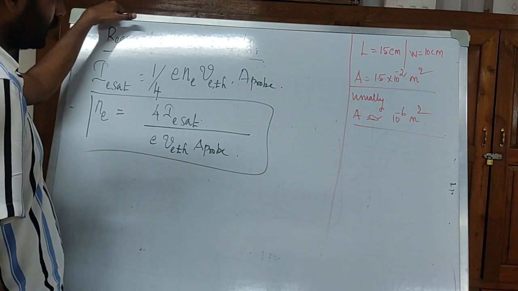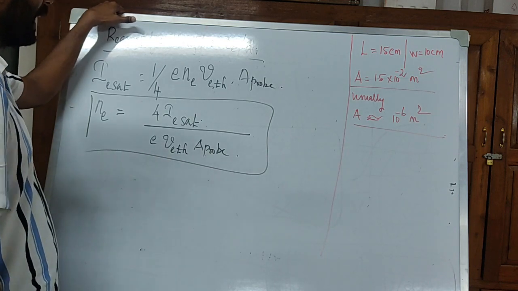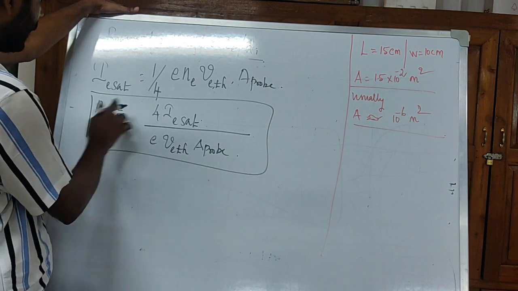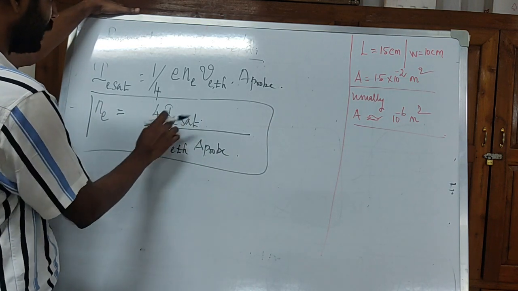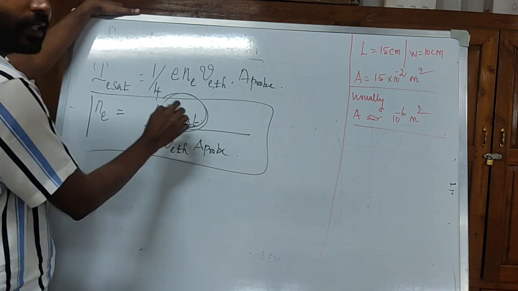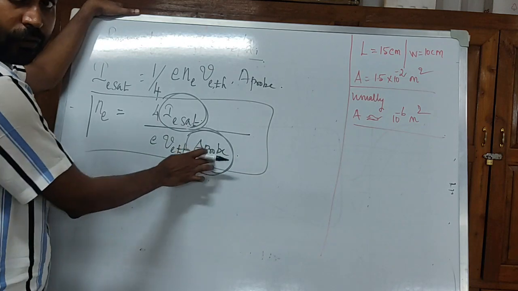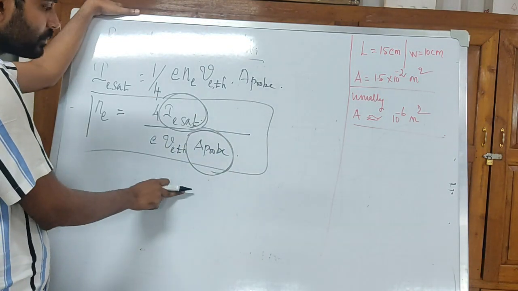Now what issue is happening? We can see that in this expression the number density of electrons is predominantly dependent on the electron saturation current, which we see in the Cara, and the area of the probe that we decide.